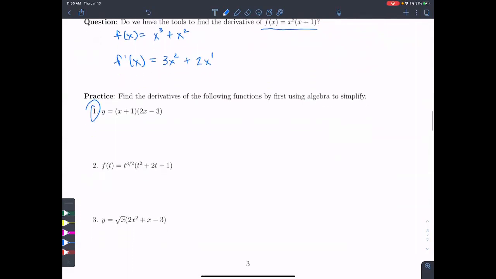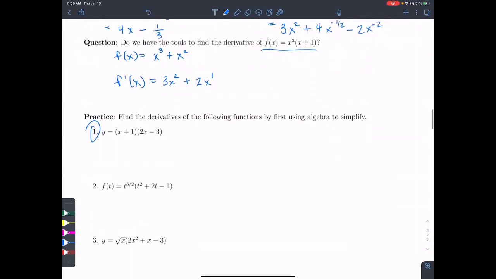So our number 1, we could FOIL first, right? So this would be the same thing as 2x squared. So first outer would be minus 3x, inner plus 2x, and last would be minus 3. Simplify that again, you get 2x squared minus x minus 3, and then take a derivative.